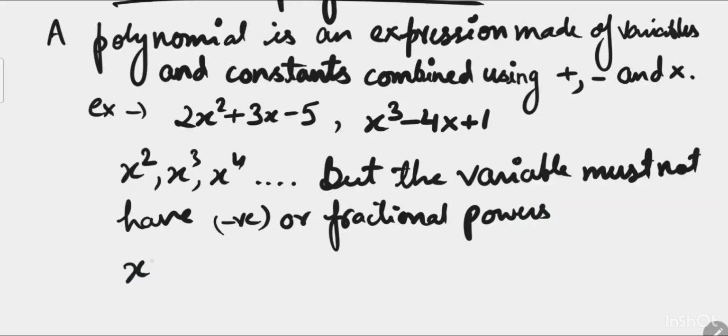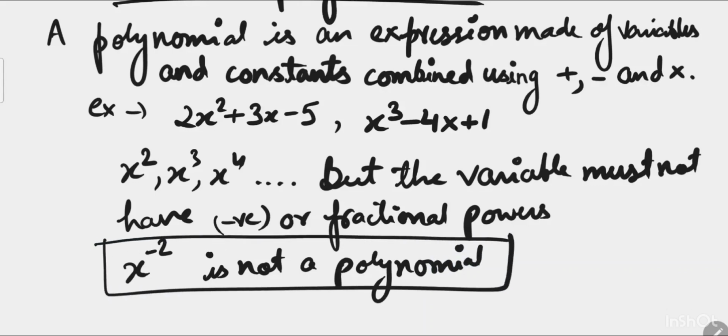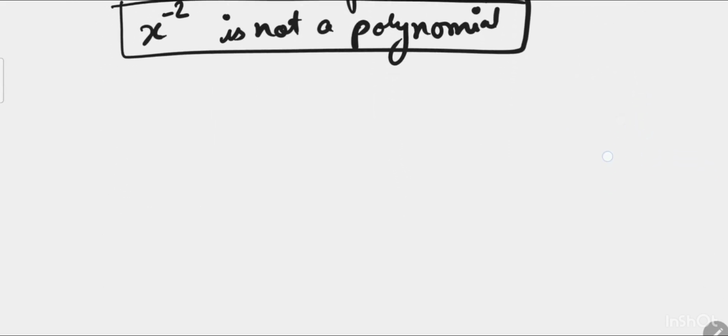Say we have x power minus 2, it is not a polynomial.